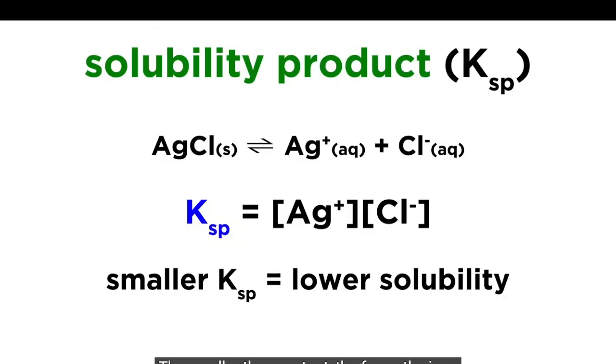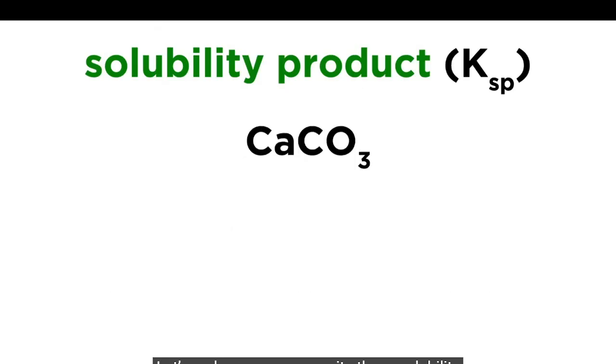The smaller the constant, the fewer the ions that will be present in solution, and therefore the less soluble the substance must be. And compounds that are extremely water insoluble will have KSP values on the order of 10 to the negative 30, negative 50, or even smaller. Let's make sure we can write these solubility products for various equilibria.